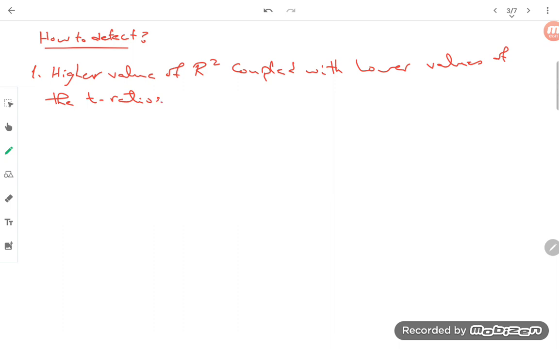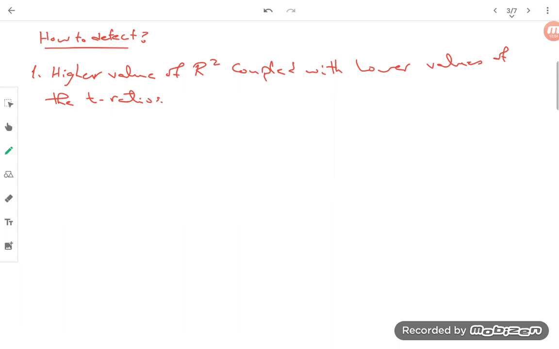Actually, T ratios show the significance of the parameters. So if they are insignificant, this means that the variable has no significant impact on y.